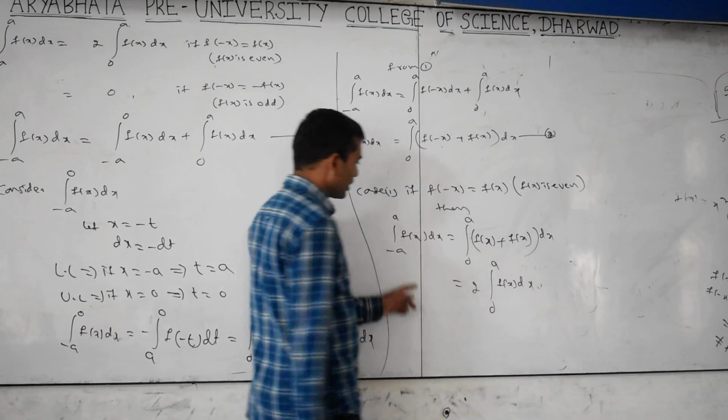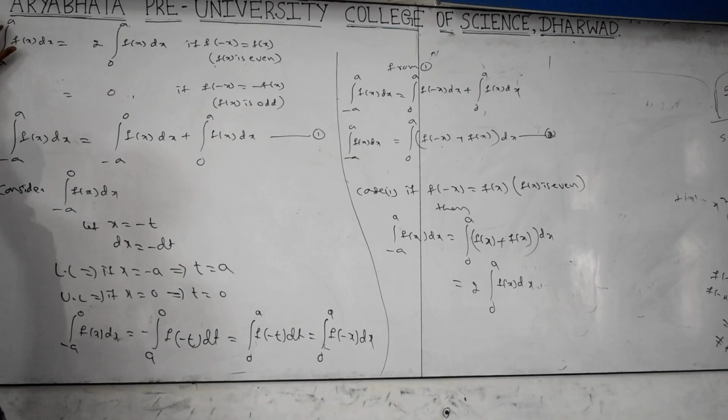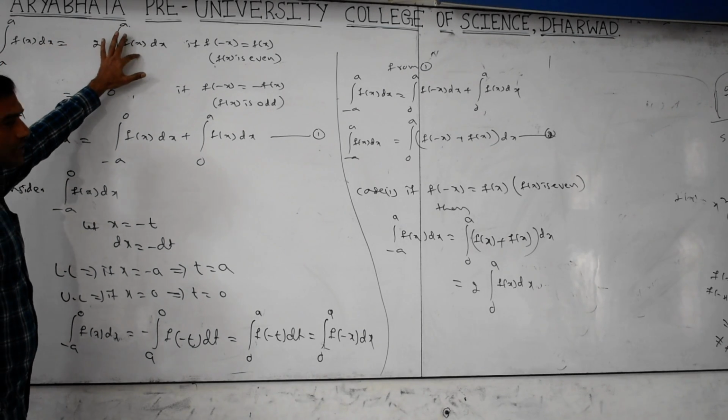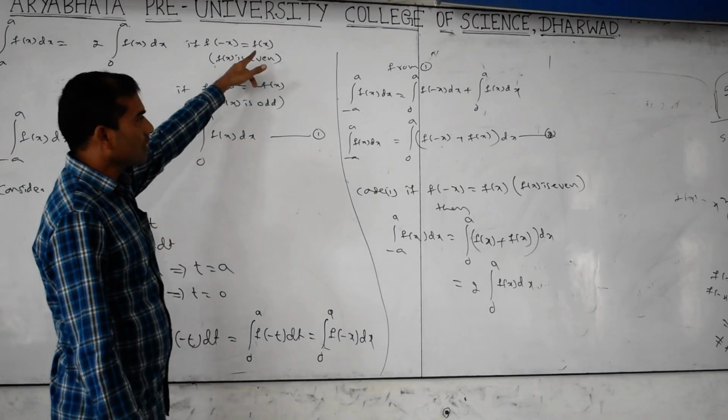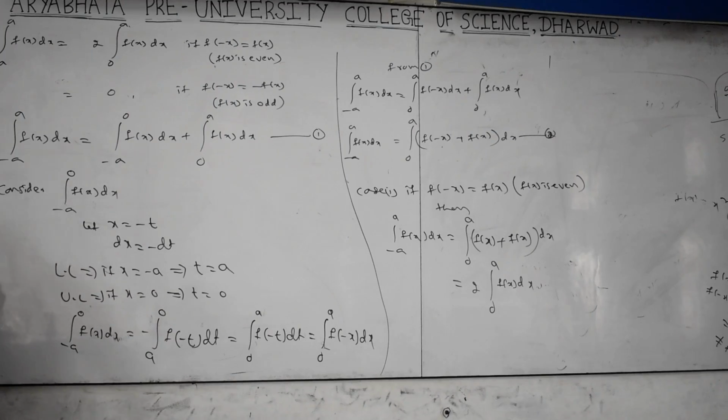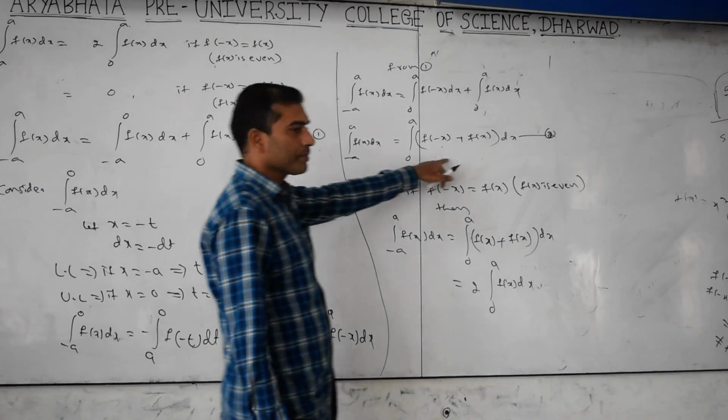This is case 1. Integration of minus a to a of f of x dx equals 2 into 0 to a of f of x dx, if f of minus x equal to f of x. Understood? To prove this one, this is the main key point.